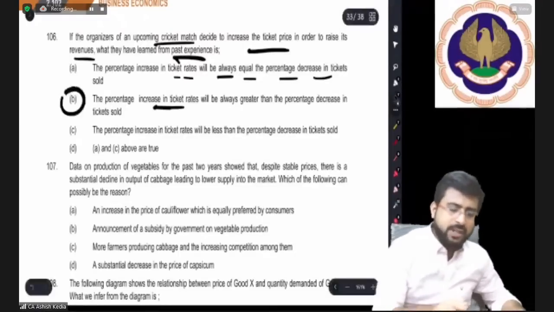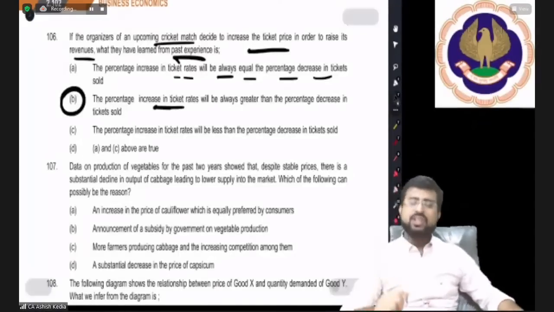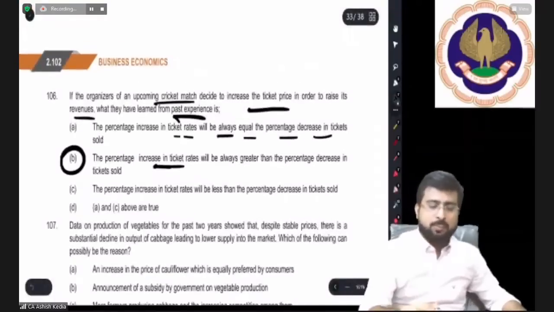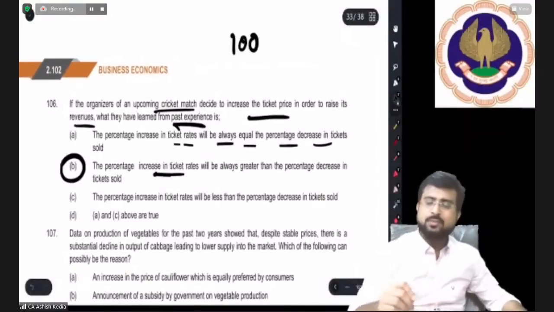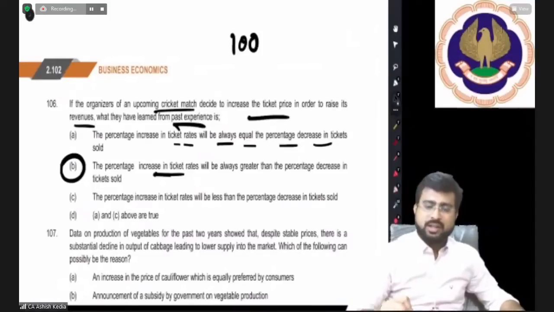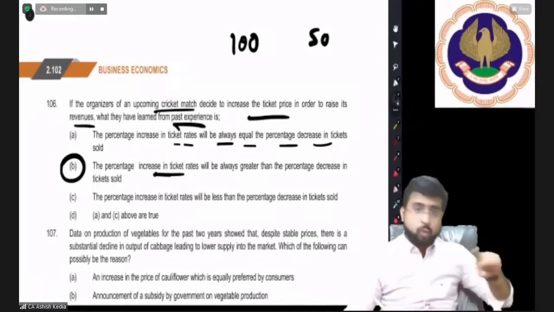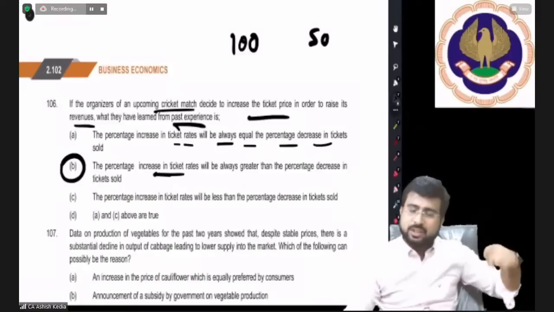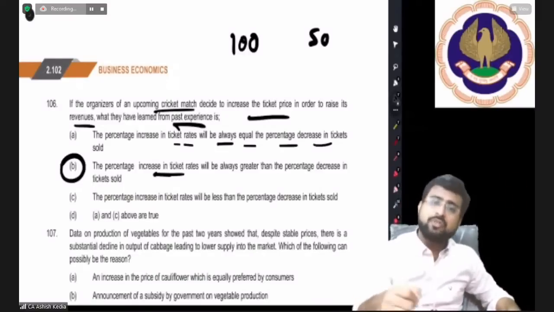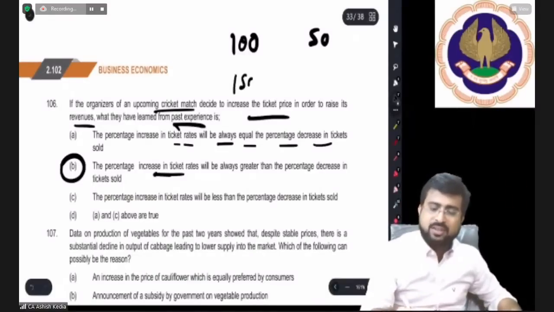It's point B. I'll give you an example of what they are trying to say. Suppose the price of the ticket is 100 rupees. Quantity demanded is, let's say, 50 units. If they increase the price by 50 rupees, that is by 50%, the new price is 150.